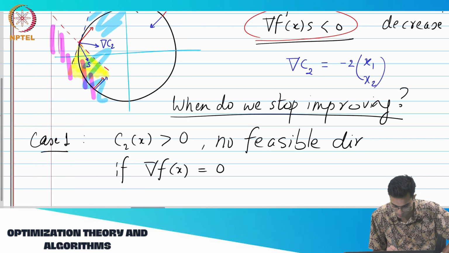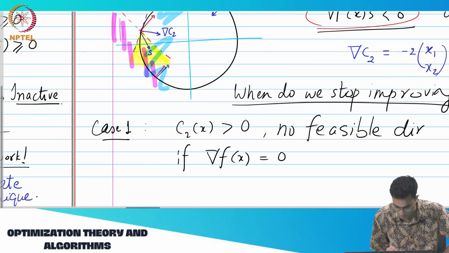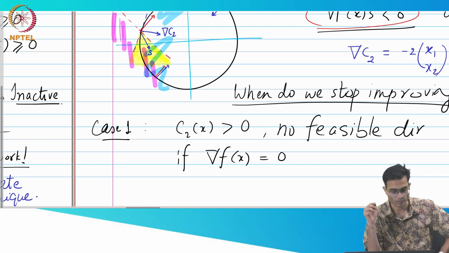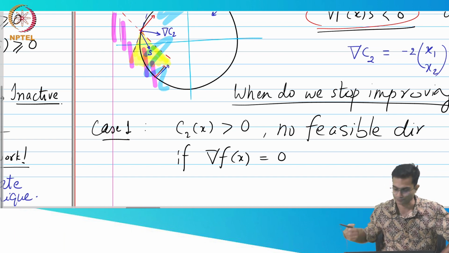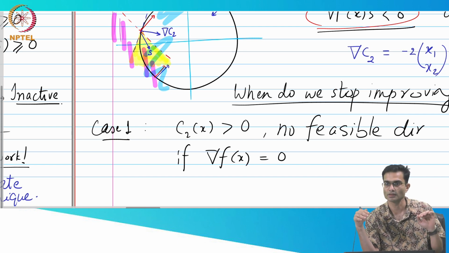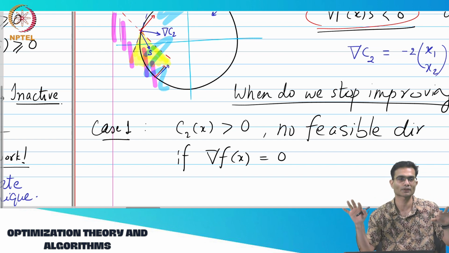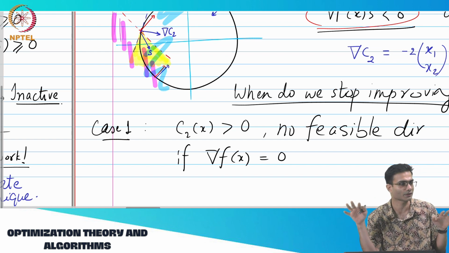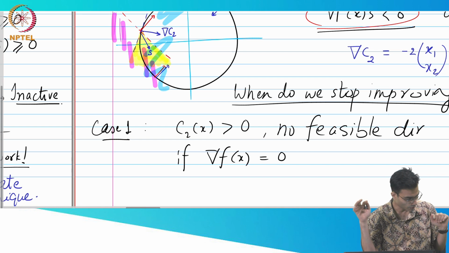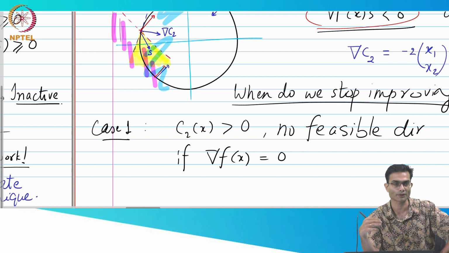Now, remember when we discussed the equality constraint, we had introduced a Lagrangian, right? And the idea behind introducing the Lagrangian was to make a one-to-one comparison between constrained and unconstrained optimization. So, in the language of the Lagrangian, how can I quantify case 1?